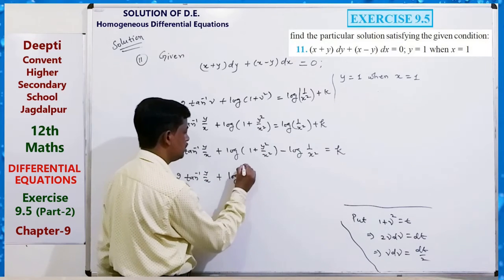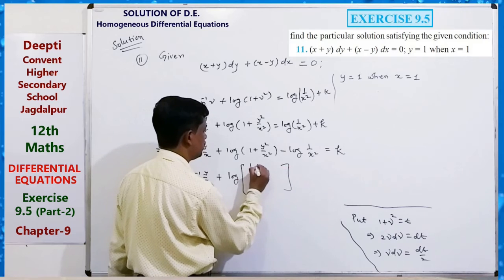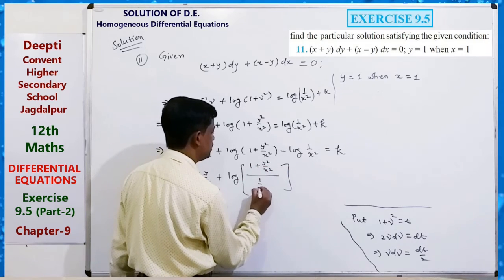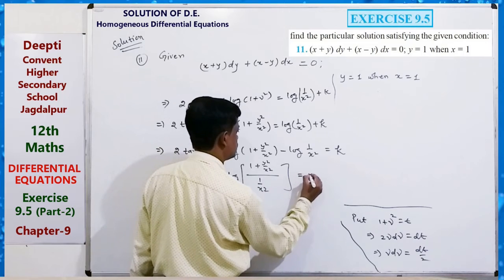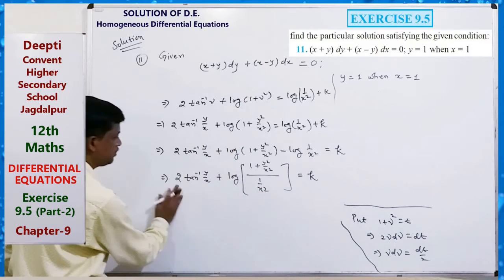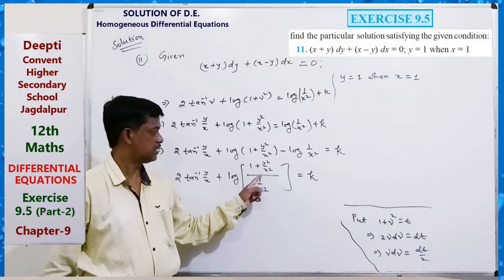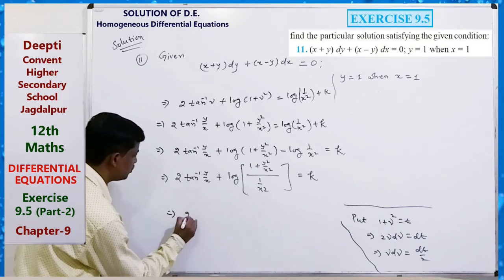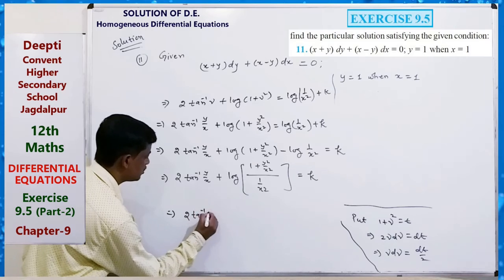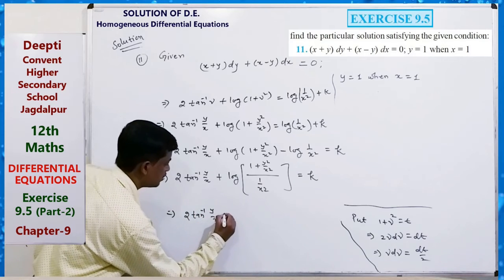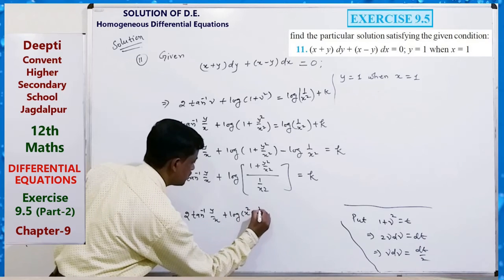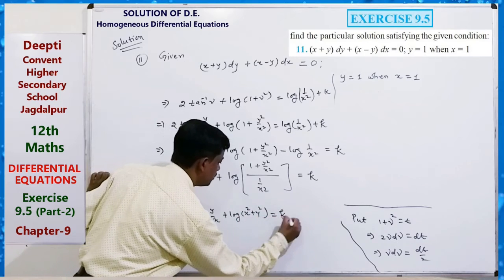So log 1 plus y square upon x square upon 1 by x square equals to k. So here by taking LCM, 1 by x square cancel, x square plus y square. So we see that 2 tan inverse y by x plus log x square plus y square equals to k.